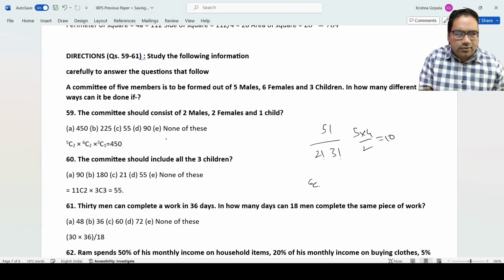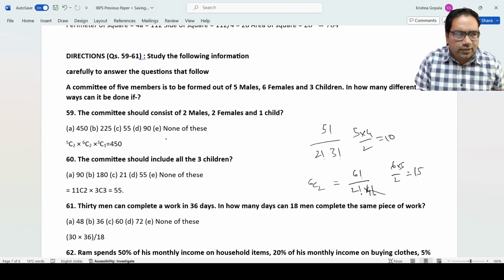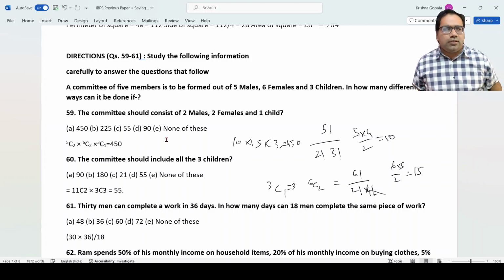Similarly, 6C2 is equal to 6 factorial by 2 factorial into 4 factorial. 4 factorial will be removed. That means 6 into 5 by 2 is 15. Right? 6C2 is 15. 3C1 is equal to 3. So the answer is 10 into 15 into 3, which is 450. Right? This is the answer.